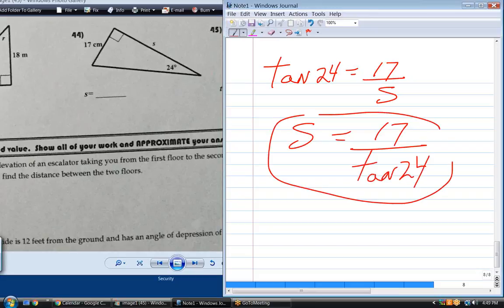But notice no inverse tan is needed. You only use inverse if you're solving for angles. Trig functions are of angles resulting in ratios. Inverse trig functions are of ratios resulting in angles.